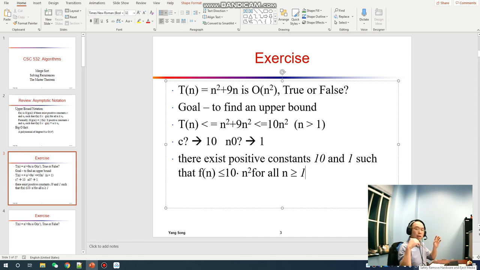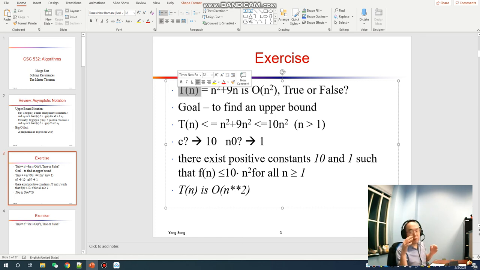So we just plug in three components: we answer what is c, what is n0, and what is g(n), the function of n we are looking for, which is n squared. Eventually we are able to prove that T(n) is O(n squared). This is a full proof that the given T(n) is O(n squared).